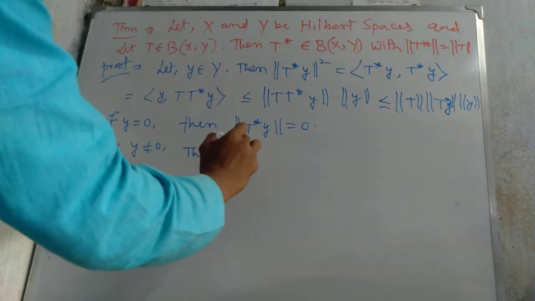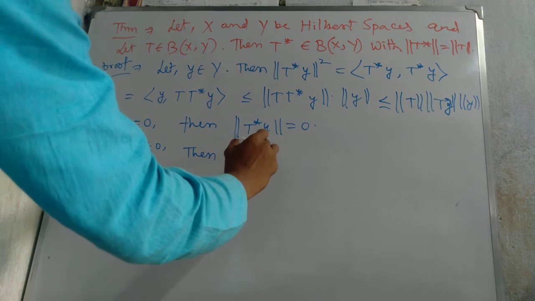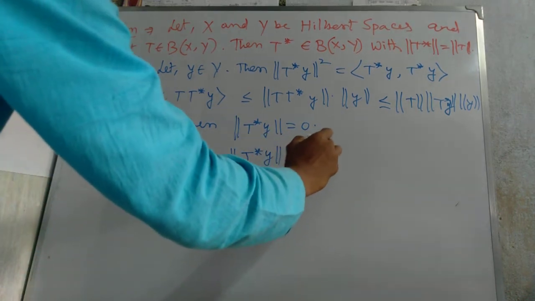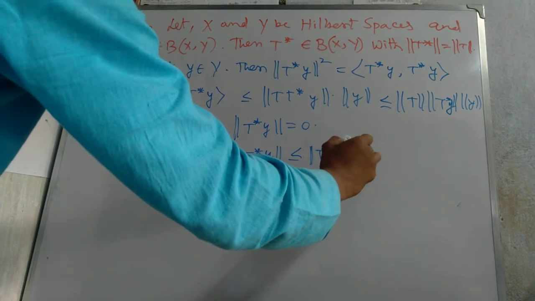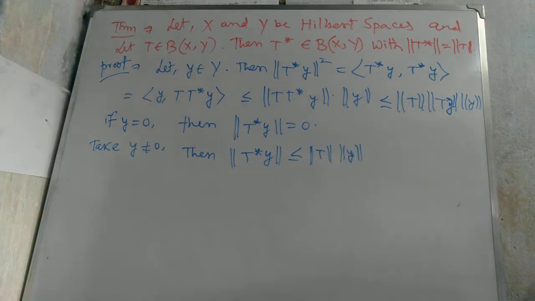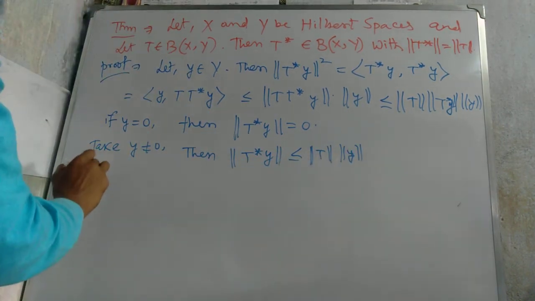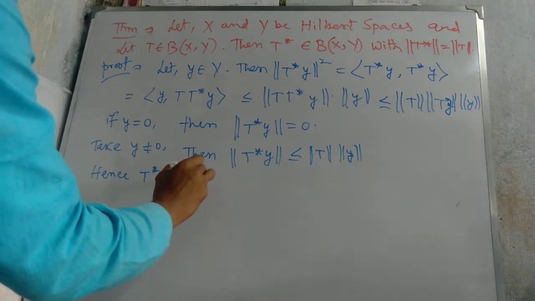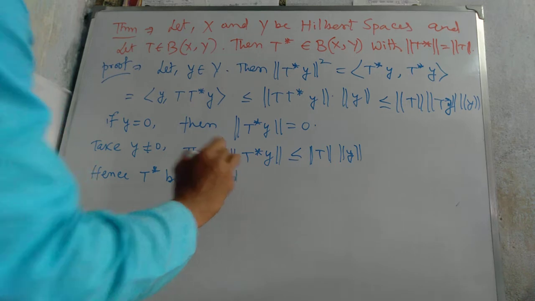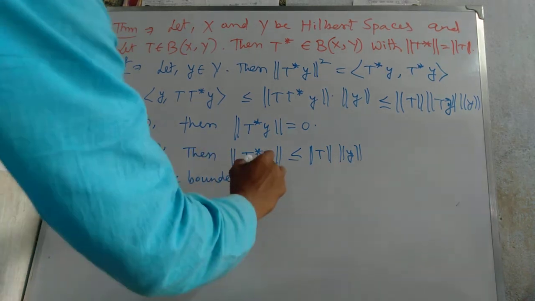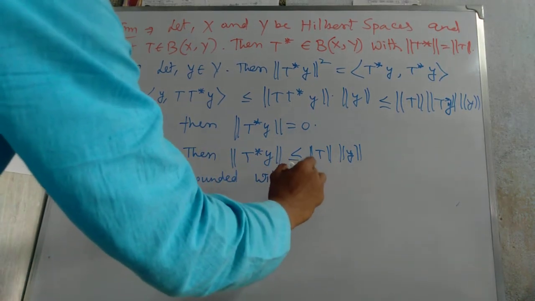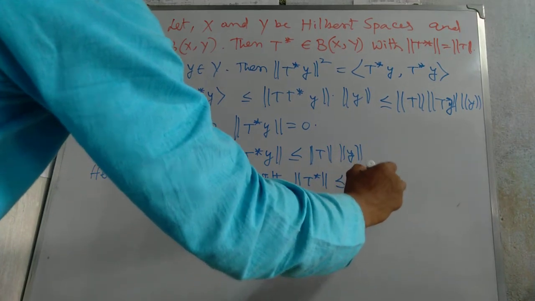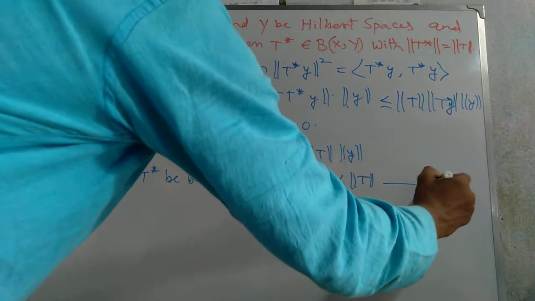Then norm of T star y is less than or equal to norm T times norm y. Hence T star is bounded, with norm of T star less than or equal to norm of T, marked as 1.